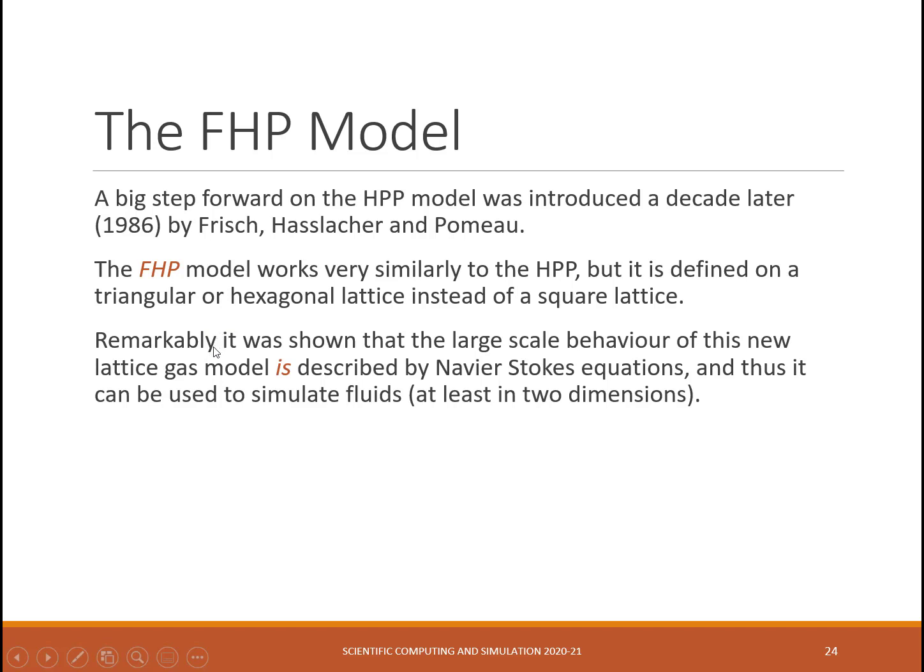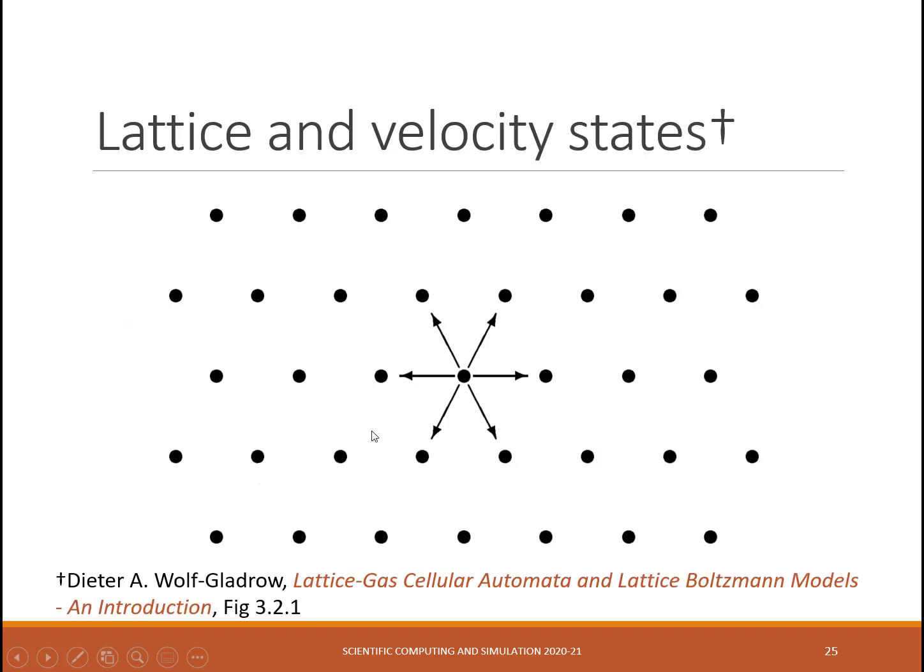Here we have a triangular grid where each cell has 6 neighbors. In the following slides, we revise streaming and collision rules in the HPP model to make them suitable for 6 neighbors.